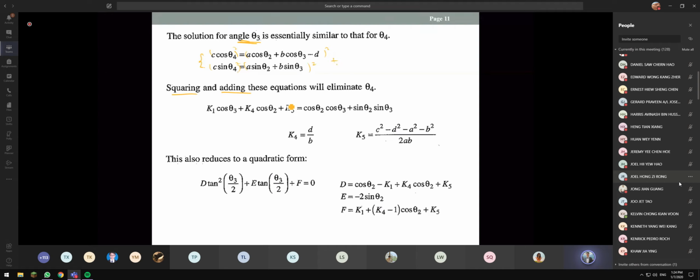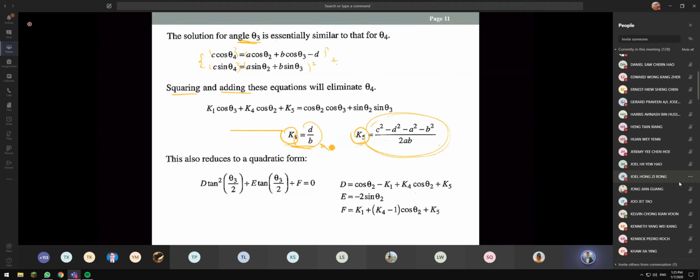That's where you get this. You can see that now he labeled these K4 and K5, because K1 to K3 were used to find theta 4. So this is K4 and K5, and this formula is given.